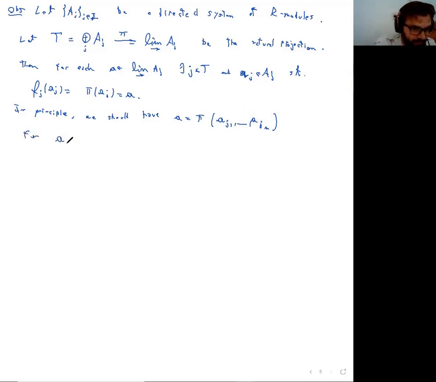For a_{j_i} in A_{j_i}. But the thing is, since I is directed, there is a k which is greater than all of these. I mean, it works pairwise, so it works for any finite number, no?